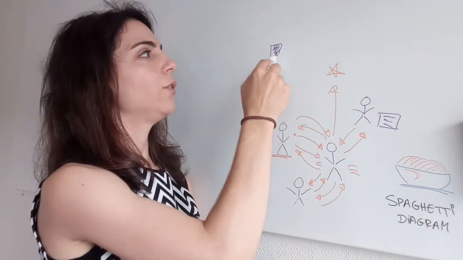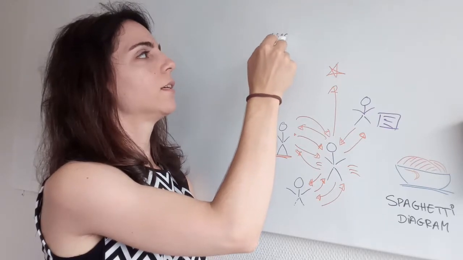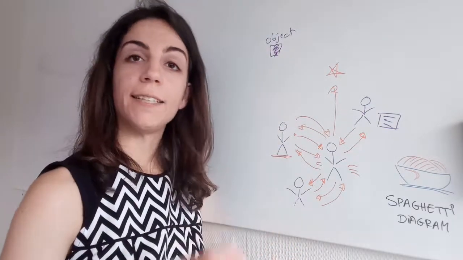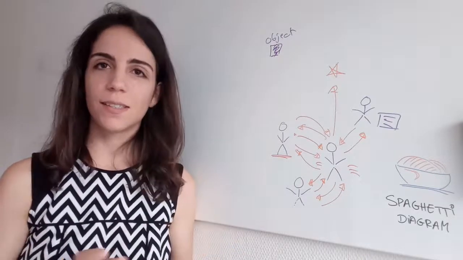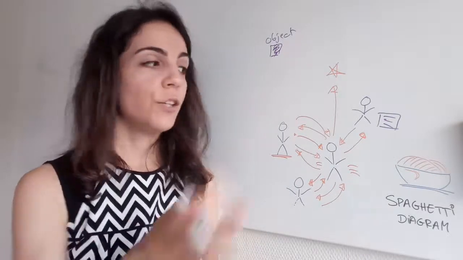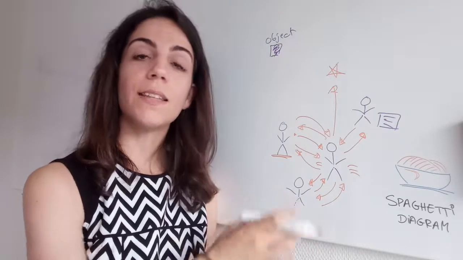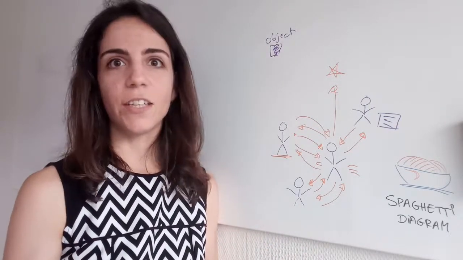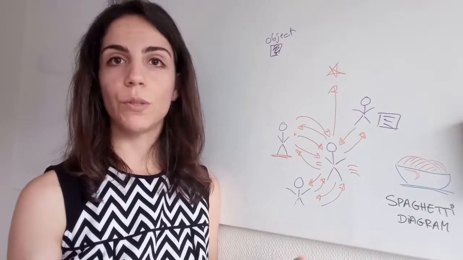So that's going to be your object, right? And then you're going to see, where does your object go? How many times? So you can see that this is not necessarily just physical things. You can apply this to your processes, and then you're going to identify where, okay, this is going unnecessarily to a lot of people. What can we do to improve it?